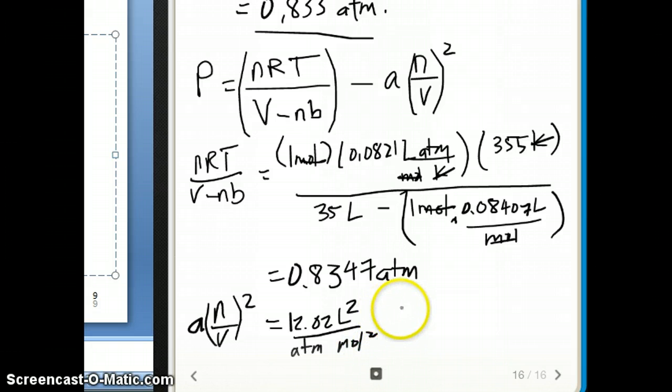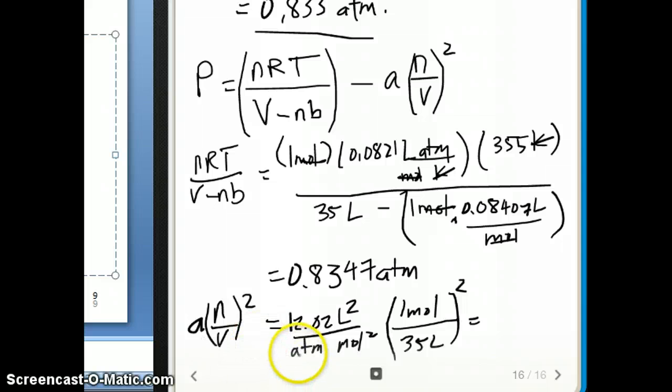Okay. Now you notice that if you work this out with the units here, you have 1 mole of your gas, and then the volume, remember, is just the V that's provided, which is 35 liters, and you square this component. Okay, now you notice that what happens is if you work out the units, this mole squared cancels with the bottom mole squared here, and then the liter of course cancels with the liter squared here, so you're left again with actually just units of atmosphere.